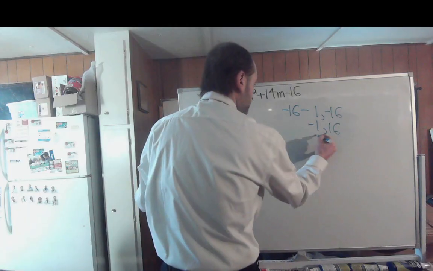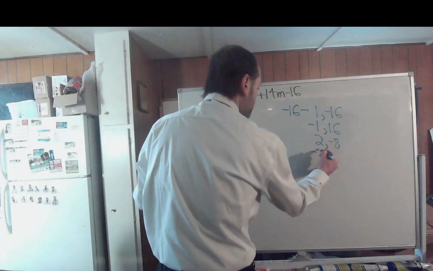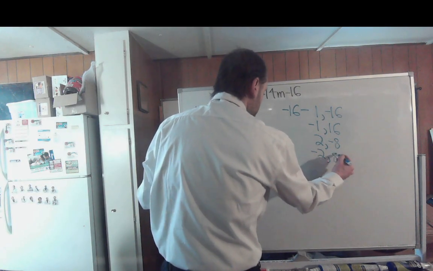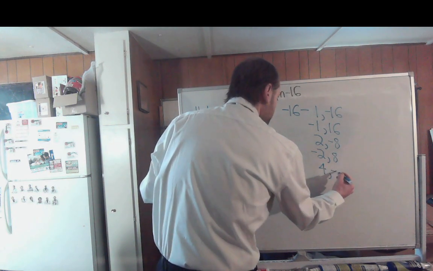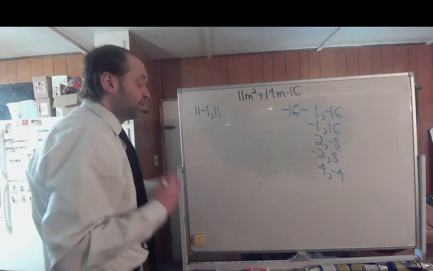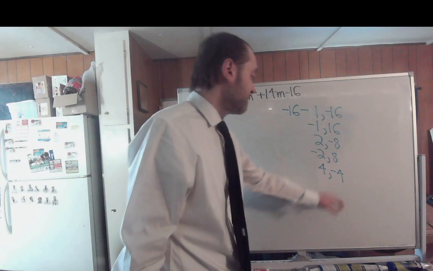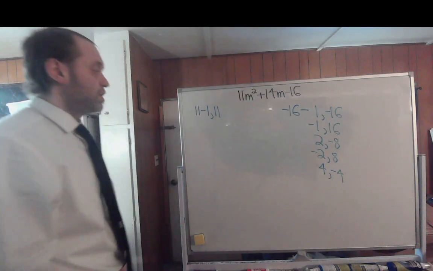You could have 2 and negative 8. You could have negative 2 and positive 8. And then all that's left is going to be 4 and negative 4. And then, well, yeah, that's it. It wouldn't really matter if negative 4 and negative 4, that'd be kind of redundant if I wrote it the other way.